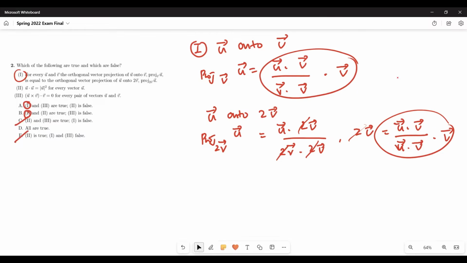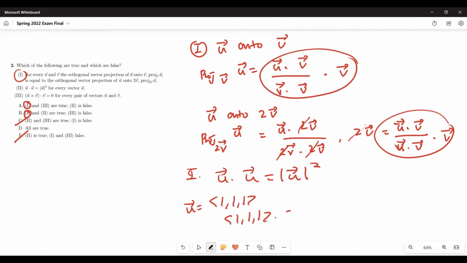So 1 is true. Okay, 1 true, not C, not E. Okay, so let's look at the second one. u dot u is the magnitude of u squared, which is true. That's just the equation that you have to remember. For example, if u is (1, 1, 1), u dot u is 1 plus 1 plus 1, which is 3.